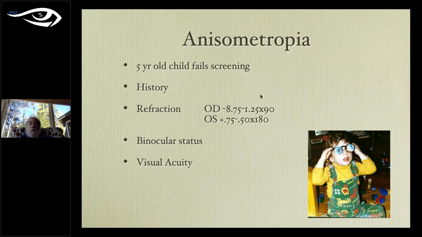What do we do? So first of all, let's talk about what is the potential cause of unilateral high myopia. When we think about myopia in general, I think we all acknowledge nowadays that myopia is determined by a combination of genetic and environmental factors.